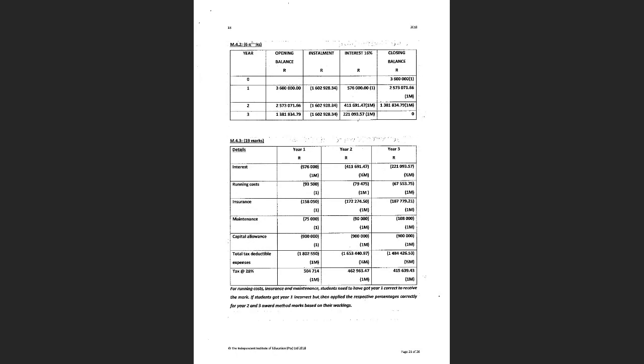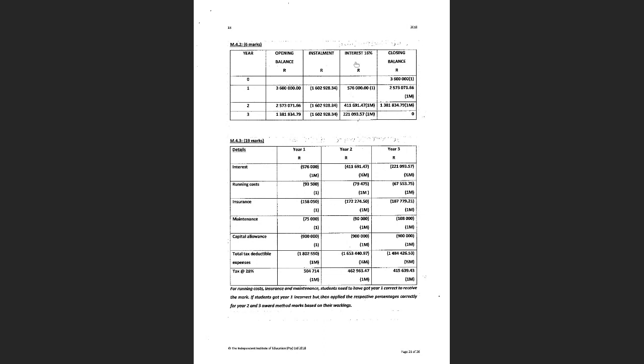Then 4.2 for 6 marks, and this is your annual interest cost or your amortization table. Again, this is 6 marks for doing just this table. So make sure you know how to lay it out. Here's your opening balance that you owe. They told you the interest is 16%.